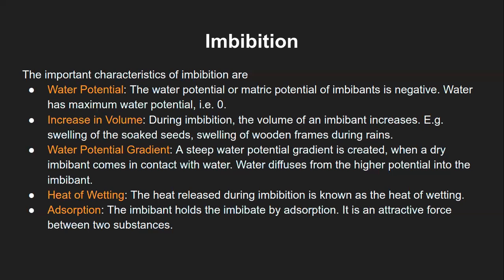Any molecule on this earth will always have a certain heat content, which can be less or more depending on the environment and so on. So when the water is getting inside this seed or any other molecule, obviously that heat has to be liberated or released, and that heat is known as the heat of wetting.